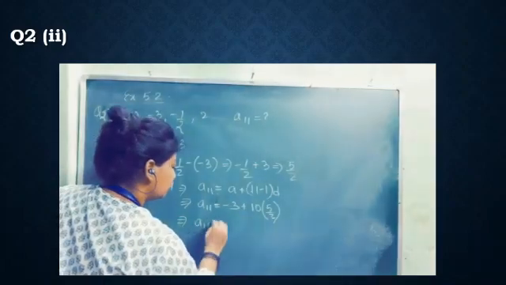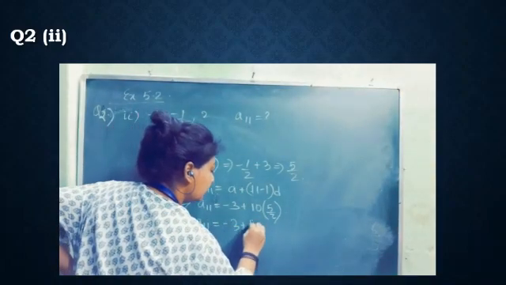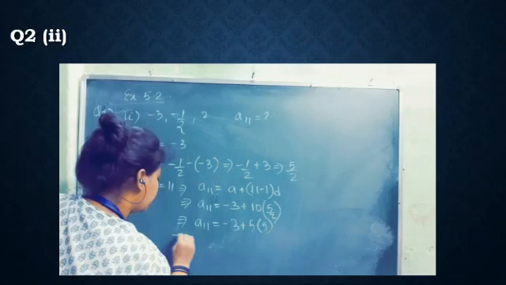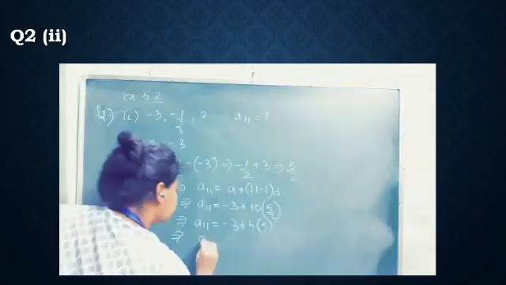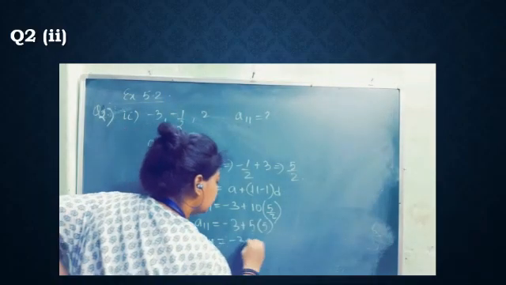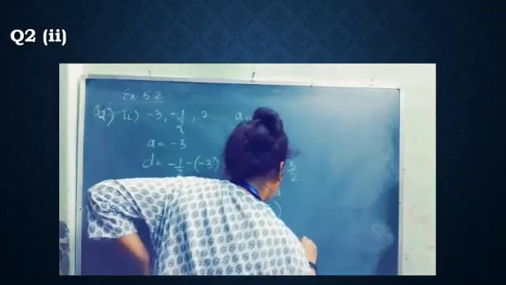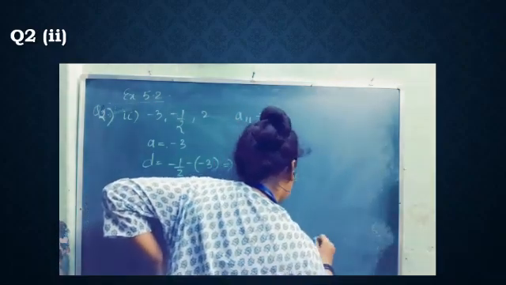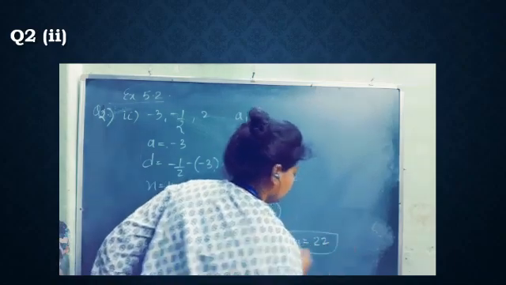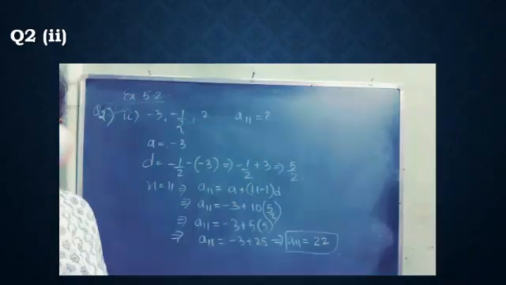We get minus 3 plus 5 into 5. This gives us a11 equals minus 3 plus 25. So a11 equals 22. And this is our answer.